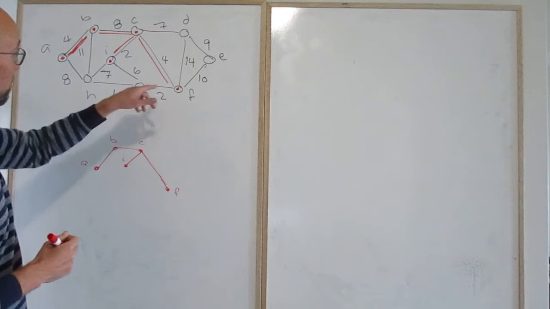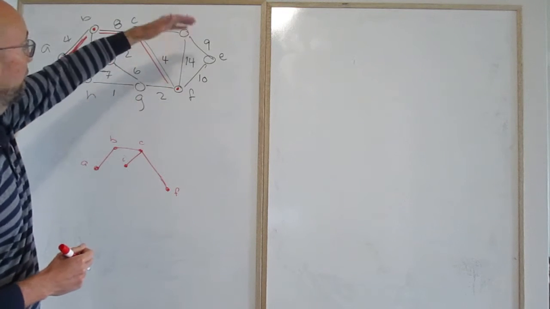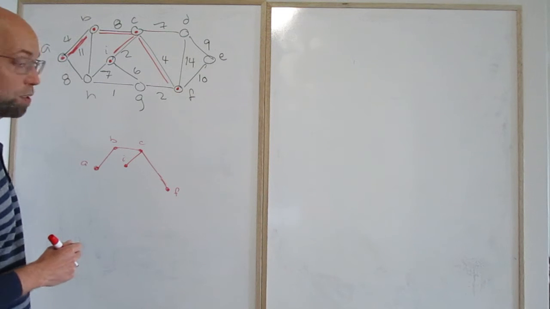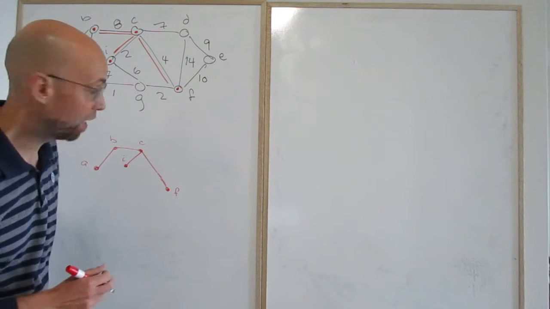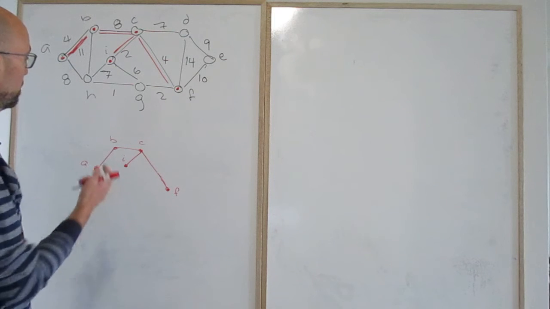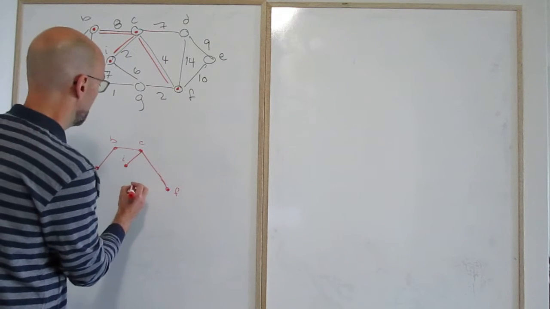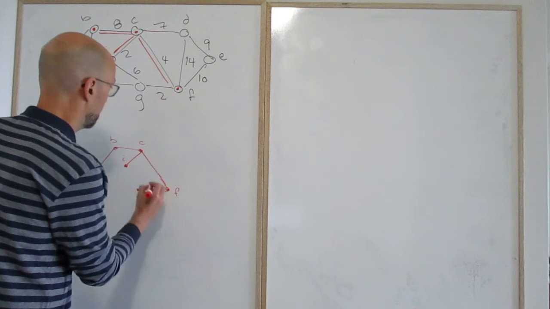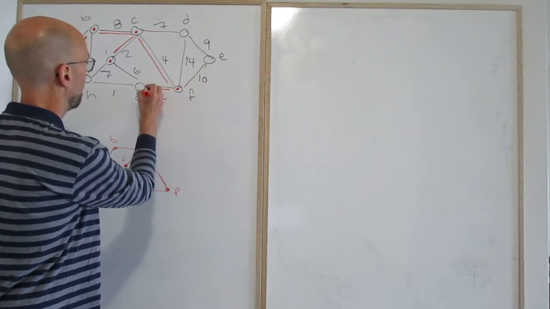Now, this connects to FG and FE and FD. What's now the cheapest thing I can add? FG. Is G in my tree already? No, it's not. So I add this.